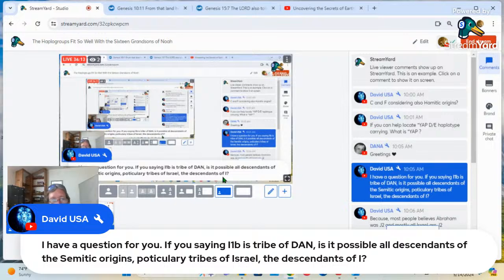I don't really think that they all went into Europe. I mean, if they did, they did, and maybe some of the lineages are of Israel. I suppose it's a possibility. It is a large population, but I1 is not as big as I2, which is more characteristic of the tribe of Asher.